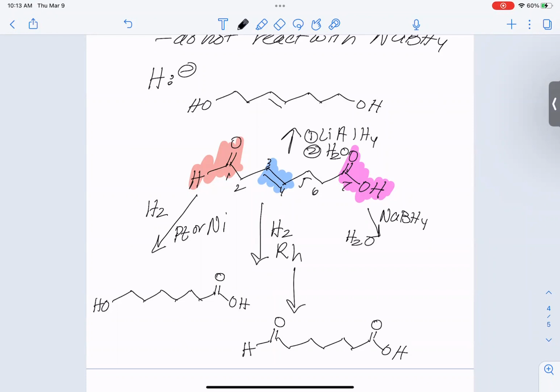And then finally, with sodium borohydride, you only reduce the aldehyde. Okay. All right, so you need to know these selective reductions.